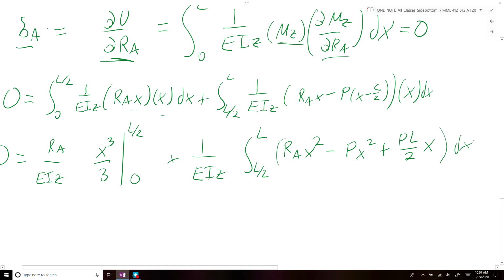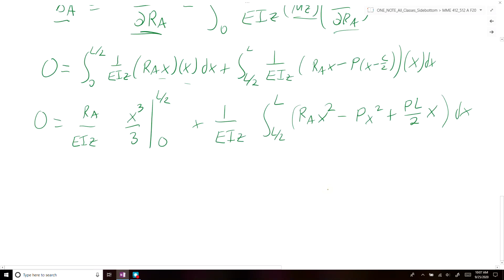If we integrate all those terms and evaluate this first integral, the first integral just becomes RA over 3EIz times L cubed over 8 minus 0.